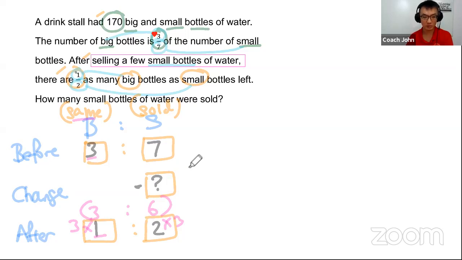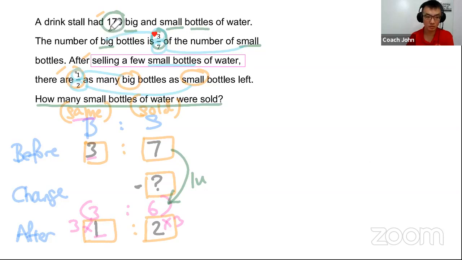And in fact, they are asking for how many small bottles were sold. So what is this number? You can see that there's a drop of 1 unit. Now then you'll be asking yourself, so how do I move on? Remember, in math, you need a number to help you.